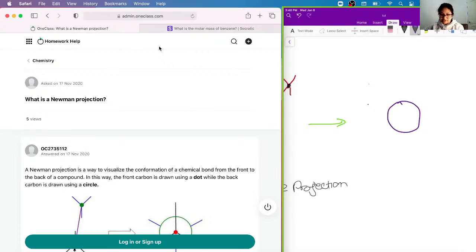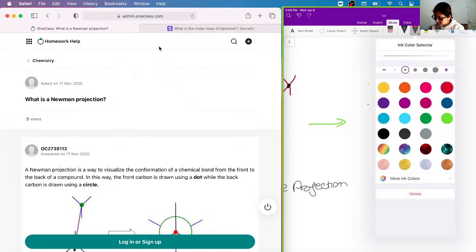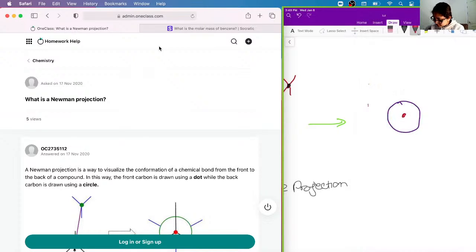The dot represents the front carbon, and the circle is the back.